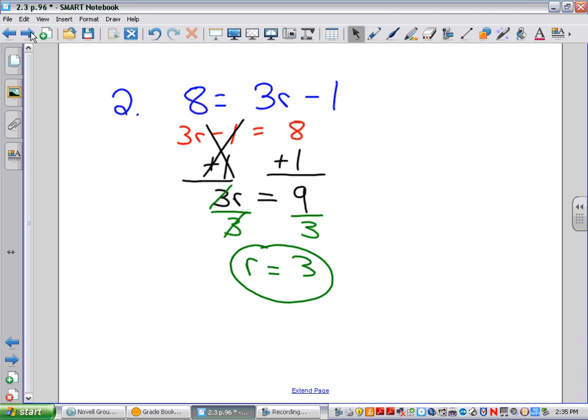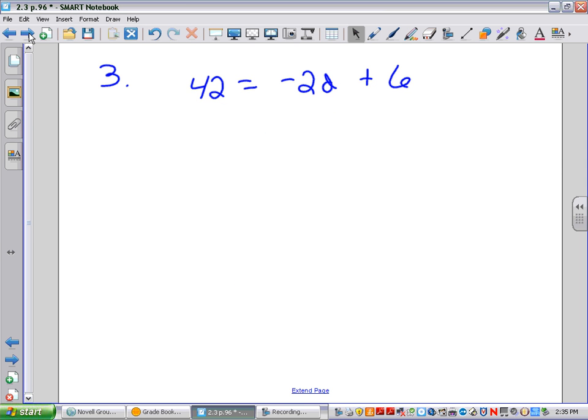Let's look at number 3. 42 equals negative 2d, or times d, plus 6. Let's turn that around like we've been doing. Negative 2d plus 6 is 42. I want to start off by subtracting 6. Do the opposite.